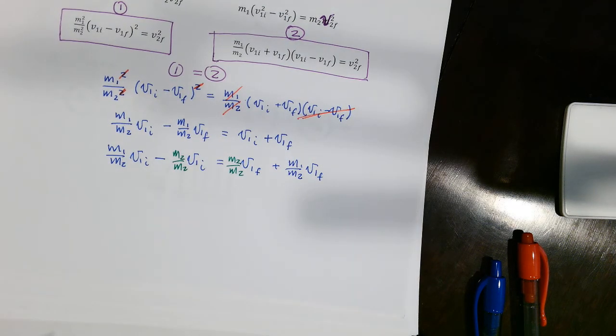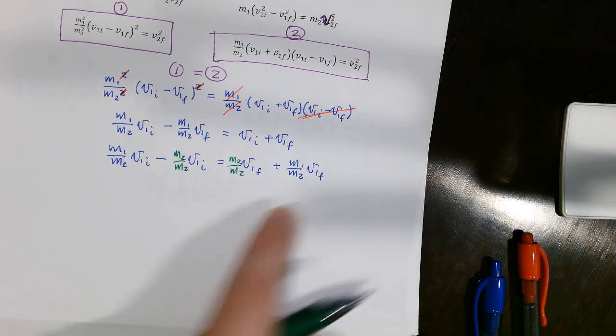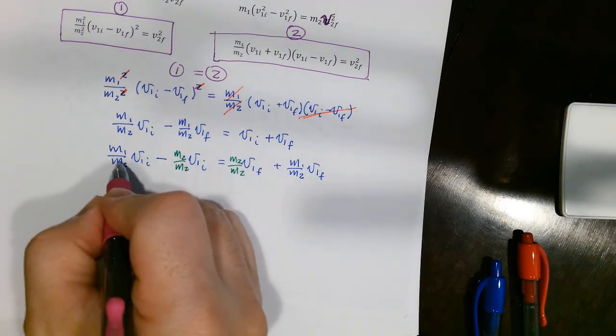Then I could cancel out all the bottom m2s.